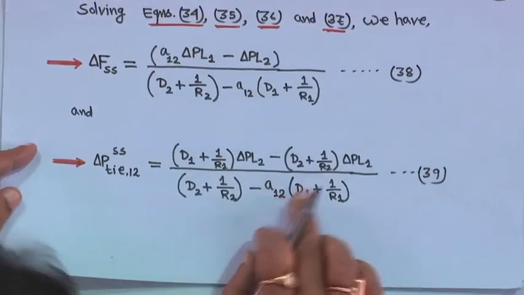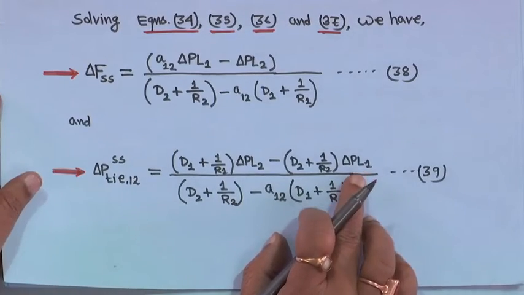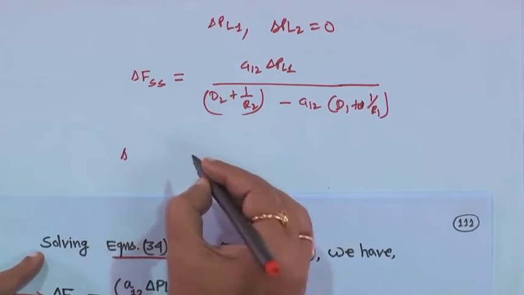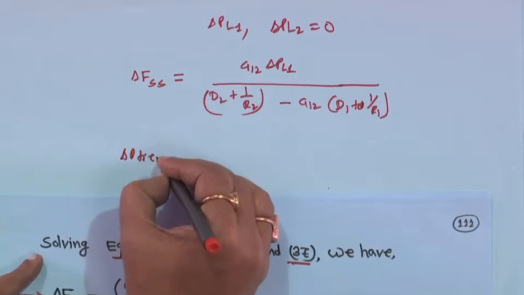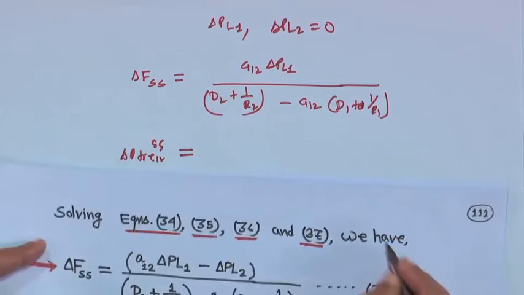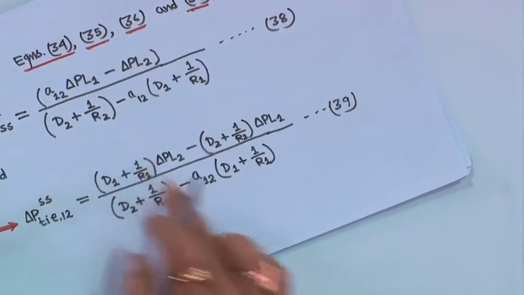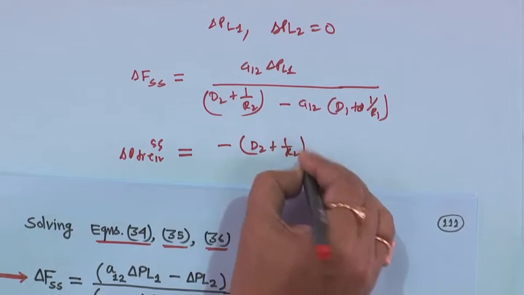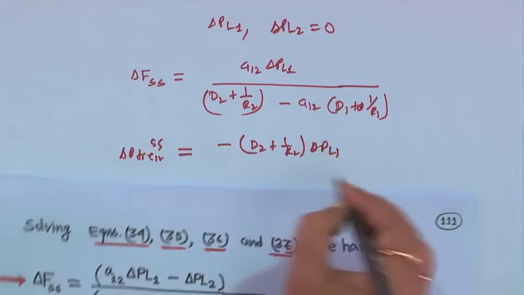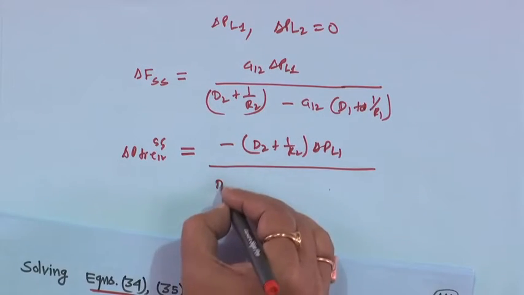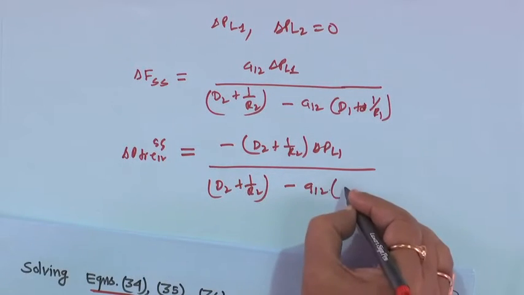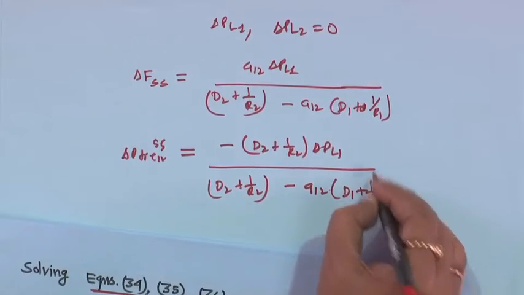Similarly, in the tie power equation, if delta PL2 is equal to 0, then delta P tie 12 SS is equal to, this term will not be there, it is minus D2 plus 1 upon R2 delta PL1 divided by the same denominator, minus A12 D1 plus 1 upon R1.